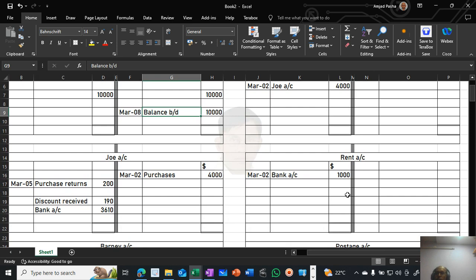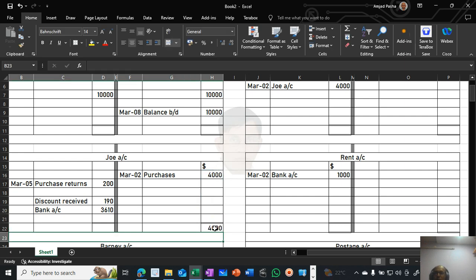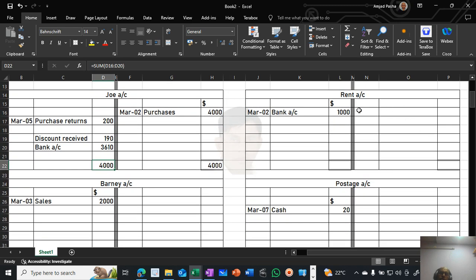Now Joe's account: if you see, both the sides are matched and are the same. So there is no question of balancing at all. They are already balanced, there is no balance brought down or carried down, so you should not do anything. The rent account is a nominal account, an expense account, so it is not balanced. We just total and take it to the trial balance directly.